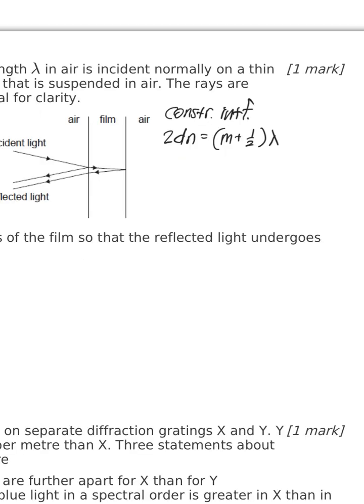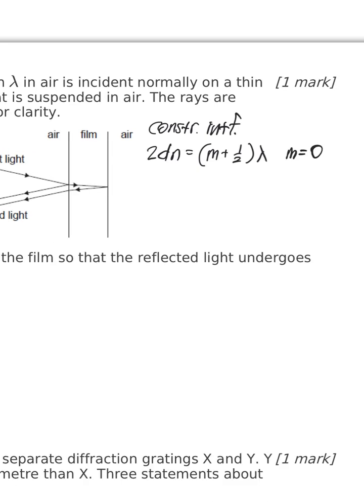And this asks for the minimum thickness, and I had said earlier that m is an integer starting with 1, but actually m could start with 0, because the minimum thickness actually relates to 1/2 lambda, not 1.5 lambda. So we'll let m be 0 for the minimum thickness.